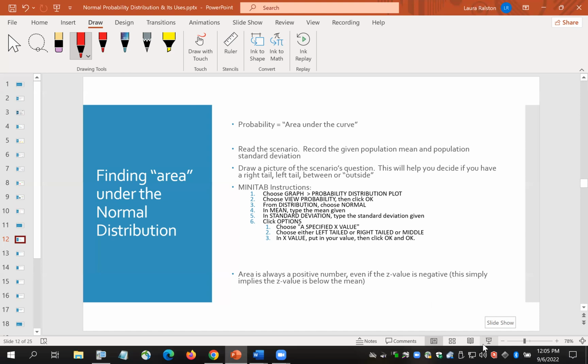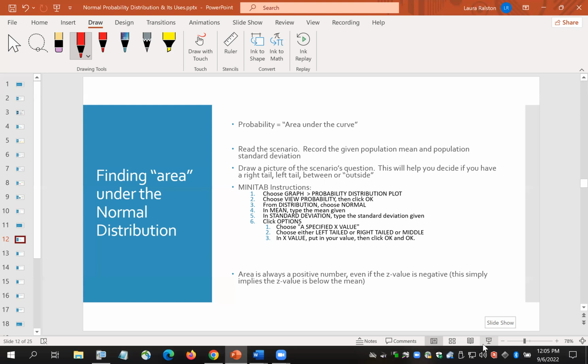In these problems, you should be told that it's normally distributed, you should be told the population mean, and you should be told the population standard deviation. If you don't know those three things, you cannot work the problem. You have to know it's normal, you have to know the mean, and you have to know the standard deviation.